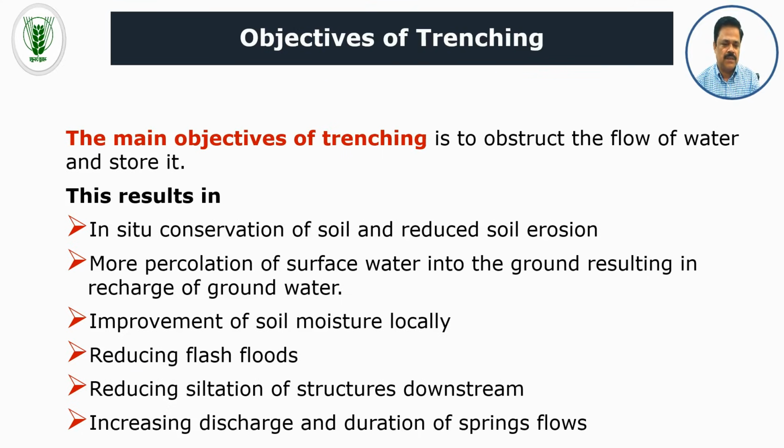Improvement of soil moisture locally, and this also reduces flood peaks because you are accumulating the runoff within, and the peak of runoff is reduced. It also reduces siltation of structures downstream, and also increases the base flow in streams. So these are the objectives of trenching.